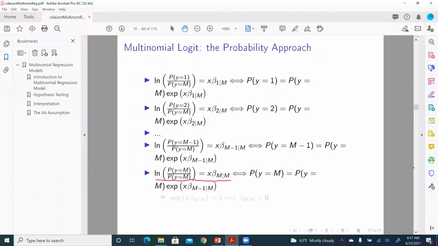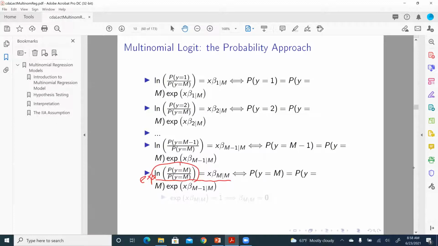When that happens, we know that what's in this log is 1. So the log of 1 is 0. If we take the exponential of both sides, the left-hand side becomes the natural exponential of 0, which is 1.